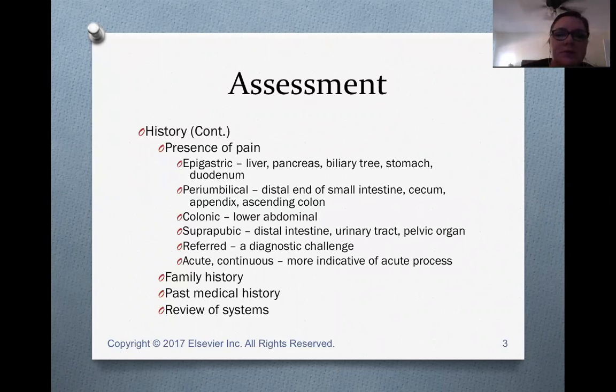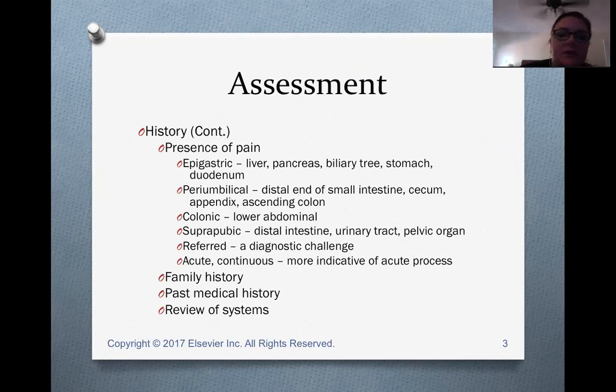And then I just wanted to review the different levels or locations of pain and what those are associated with. So certainly epigastric pain when we think of reflux, and periumbilical, a lot of times we see that with constipation and backing up into the ascending colon, and then lower abdominal pain and suprapubic, and then acute abdominal pain.